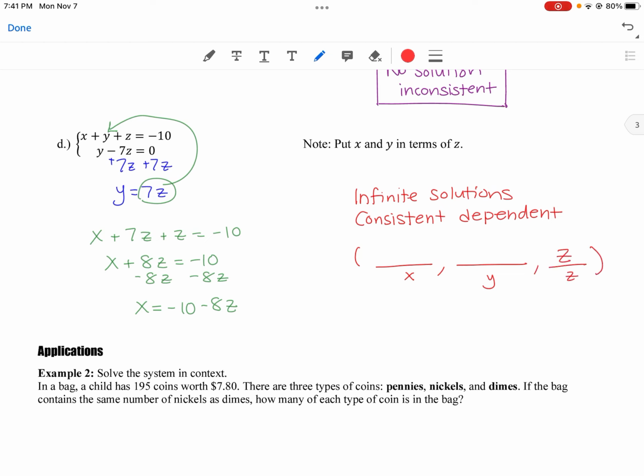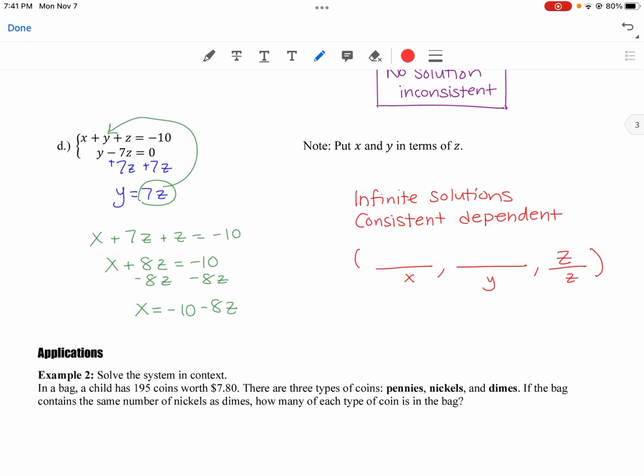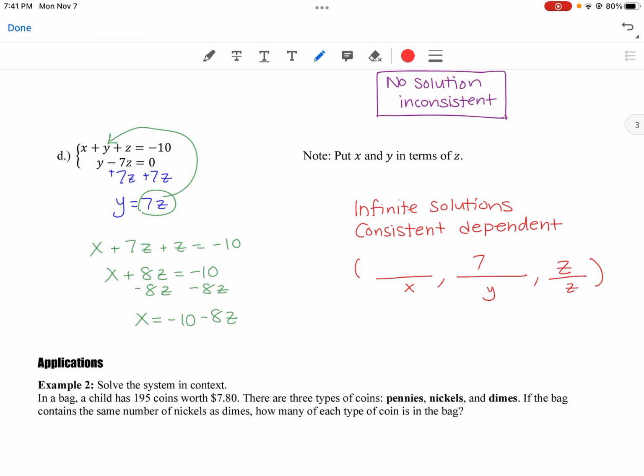They're saying let z be just z. We're going to leave it as is. But y is the same as 7z, and x is the same as negative 10 minus 8z. So if we know that z is 1, that means that y is 7, and when you plug 1 in over here, x would be 18. So there's a specific ordered pair that works. It's not like any point would work.